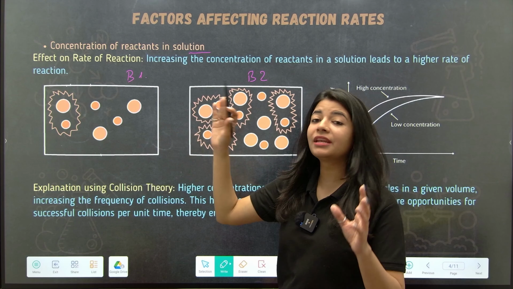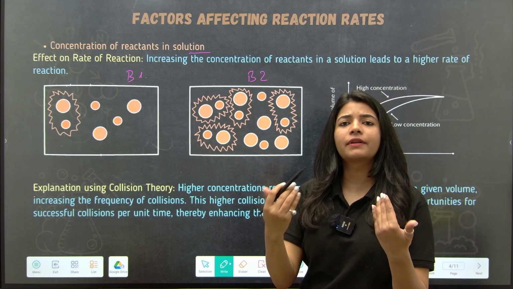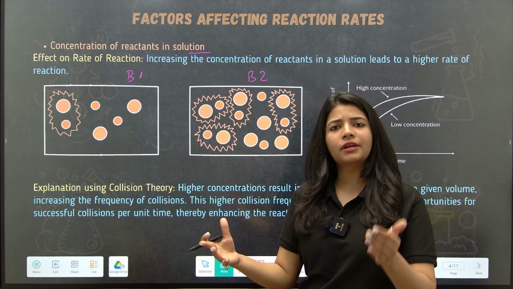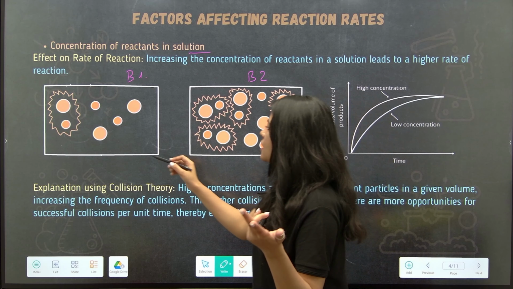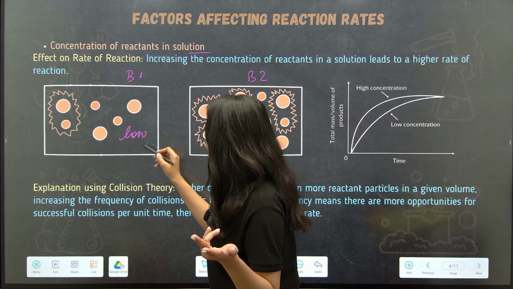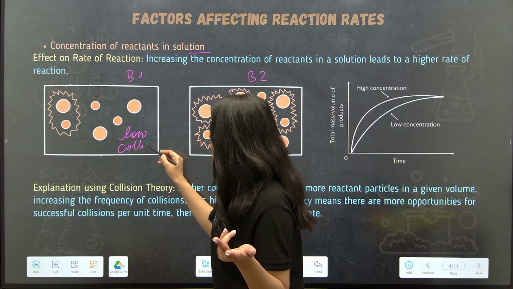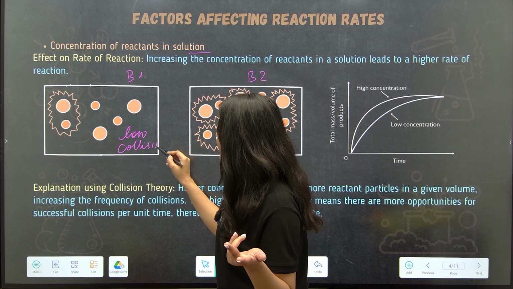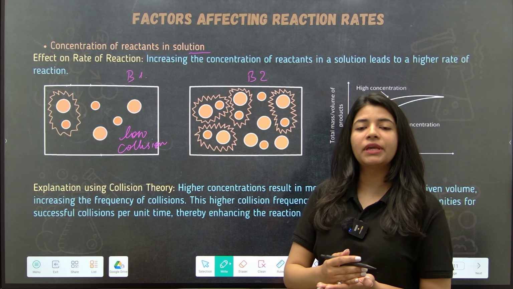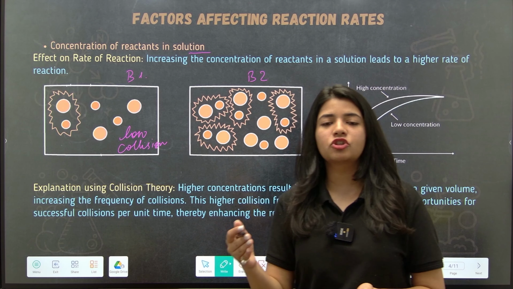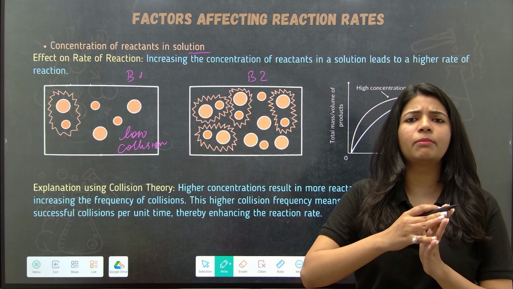In beaker 1, the number of particles which are reacting to convert into product are lesser. So the number of collisions will be less, right? If the number of collisions is less, then the rate of reaction will be less. The reaction will be very slow.